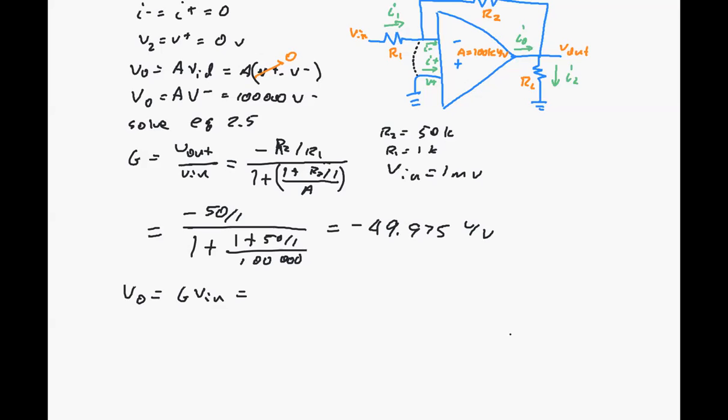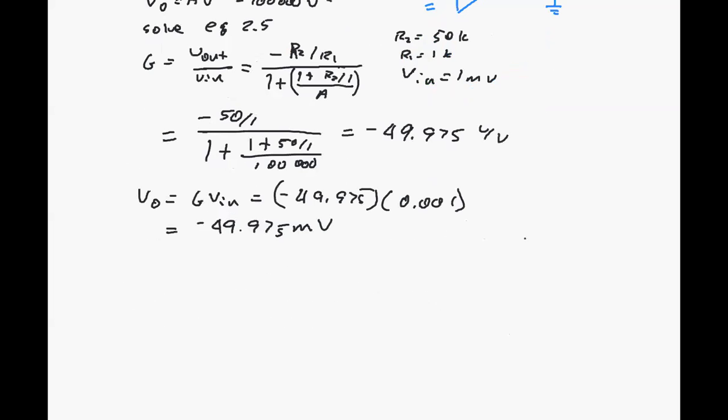V out is G times V in, and V in is 1 millivolt. I'm not talking about what I just circled up there. I'm talking about the overall gain of the amplifier. And so that's minus 49.975 times 0.001, and that gets us minus 49.975 millivolts. Ideally, it would be 50 millivolts. We've got just a little bit less than that.